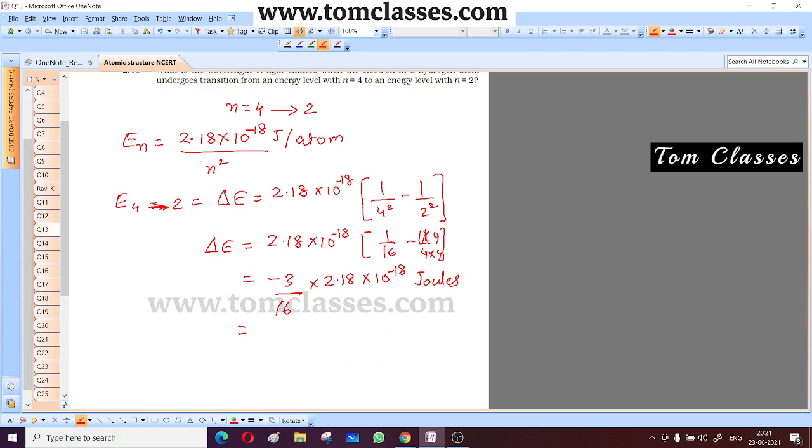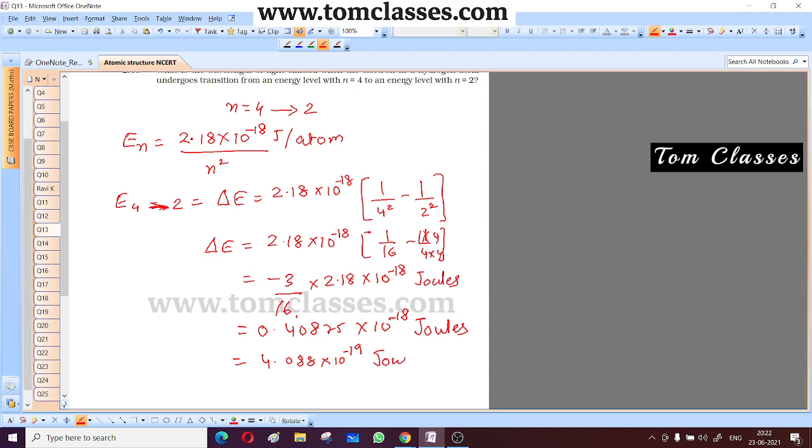So the answer will be 0.40875 into 10 to power minus 18 joules. So you can say 4.088 into 10 to power minus 19 joules.